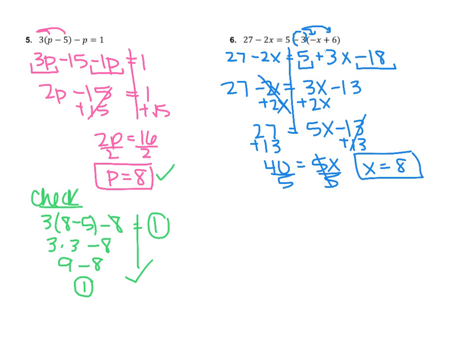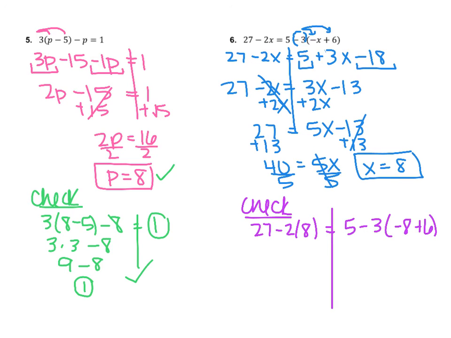Last but not least, still want to check my work. So if I plug 8 back in for x, are the two sides equal? 27 minus 2 times 8 equals 5 minus 3 times negative 8 plus 6. So if I start on the left side, this is 27 minus 16. 27 minus 16 is 11.